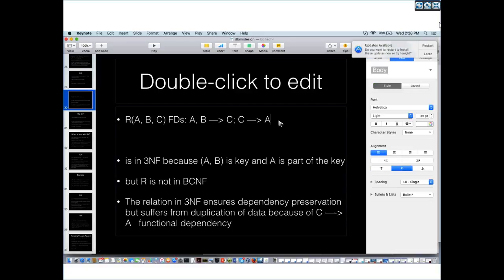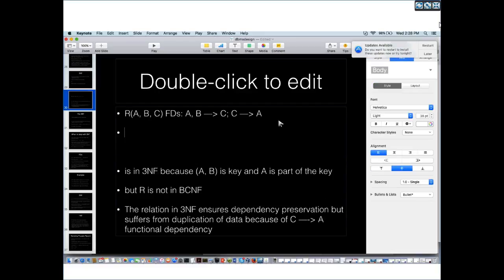Now, why is this definition important? This is important because in this case, if we want to make the relation into BCNF by splitting into AC and BC, we will get into problems. For a simple reason, the dependency that AB together determines C will be lost.